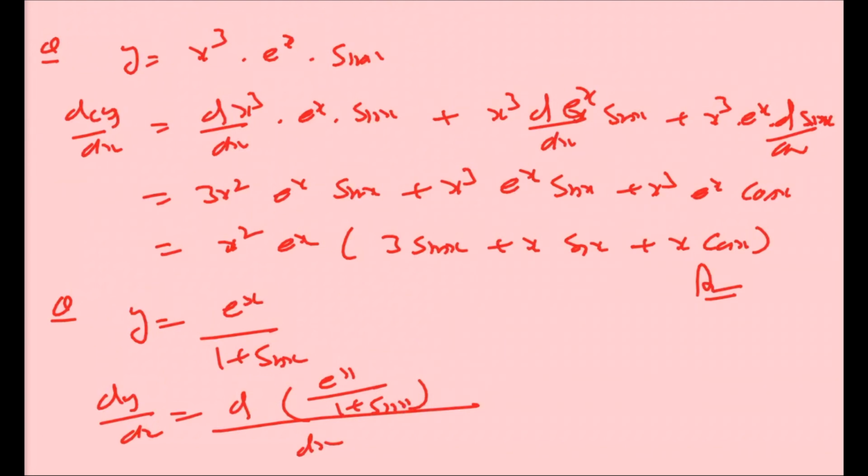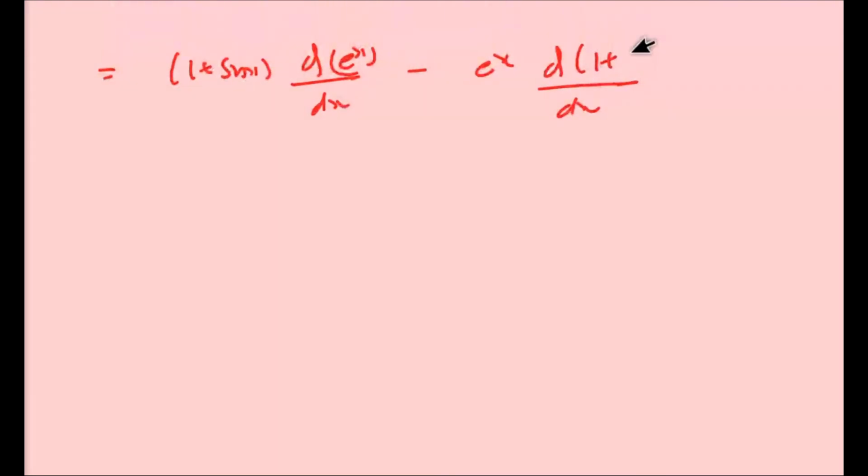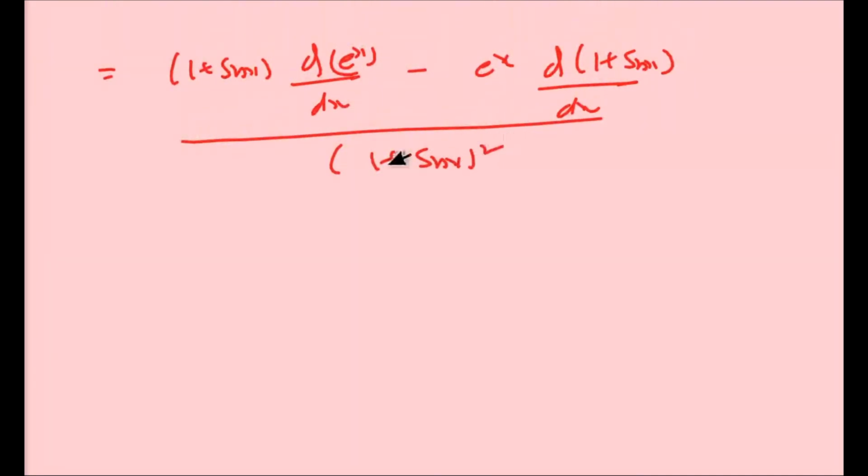So your formula is: first write the denominator, 1 plus sine x, and do the differential of the numerator, minus the numerator times the differential of the denominator, upon the square of the denominator. This is your rule. Now you have to simplify this separately.